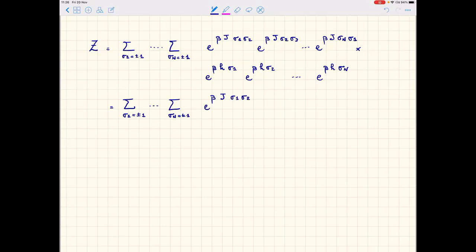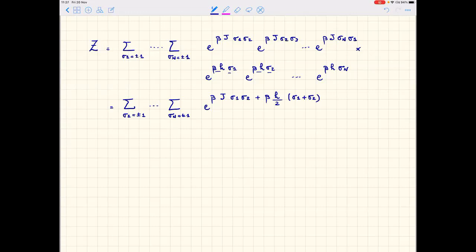Now here I have sigma 1 and sigma 2. I also have two terms here in which appear sigma 1 and sigma 2. So let's take half of this and half of that and place it here: beta h over 2 times (sigma 1 plus sigma 2).